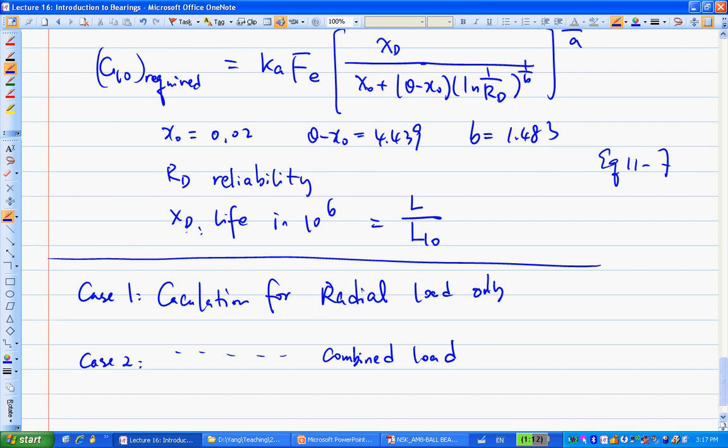So those are the two different situations. If you're designing for spur gear, the first one will satisfy the requirement. If you're designing helical gear, you would need the second one. So we'll talk about these two cases in the next lecture.